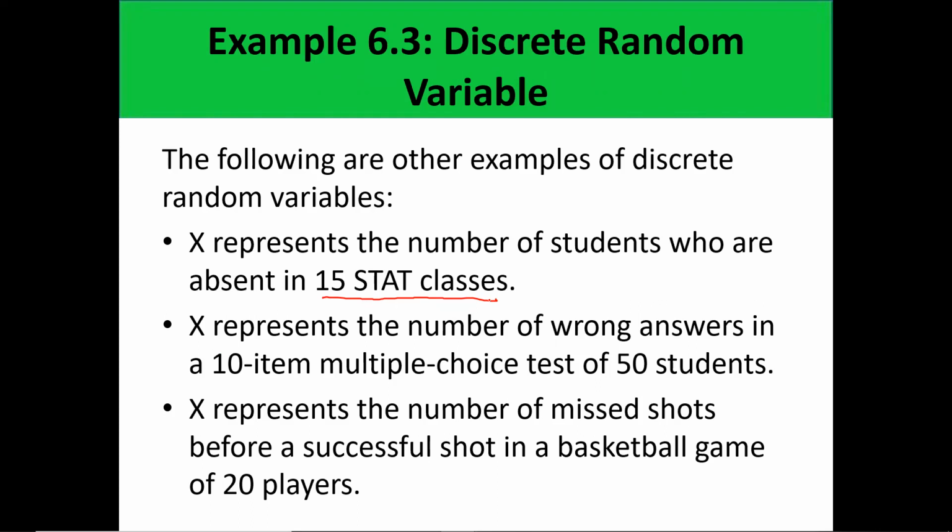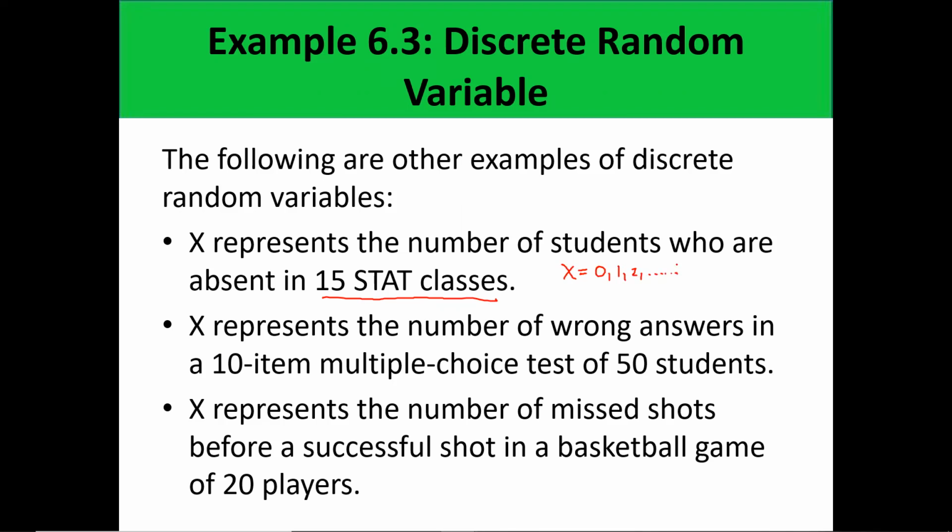For example, section 1 has 2 absences. Section 2 has 4 absences. Section 3 has 0 absences. Section 4 has 9 absences, and so on and so forth. So in this case, x could be from 0, 1, 2, and so on.